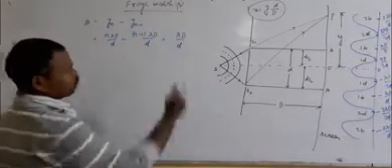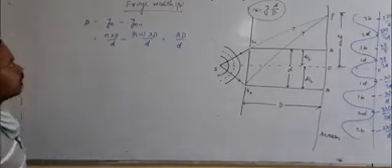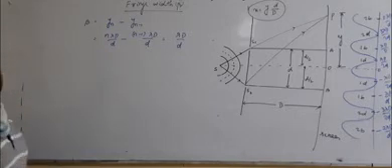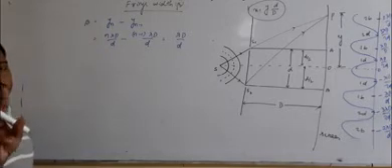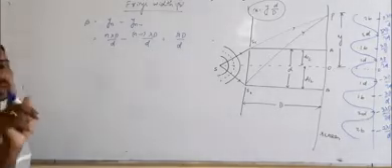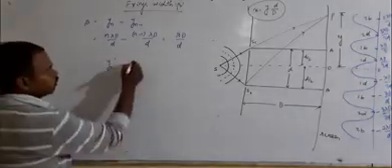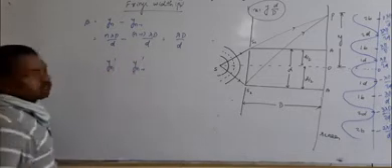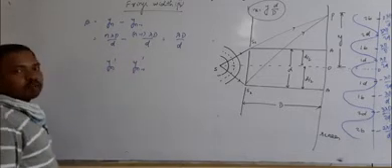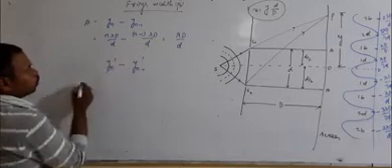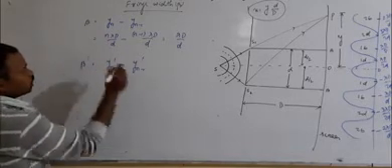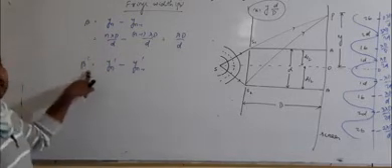Lambda D by d. Let us find the fringe width of each maxima between two consecutive minima. A maxima is there. Suppose yn dash is the nth minima, yn minus 1 dash is the n minus 1th minima. Between two consecutive minima, a maxima is there. Suppose the fringe width we are taking as beta dash.